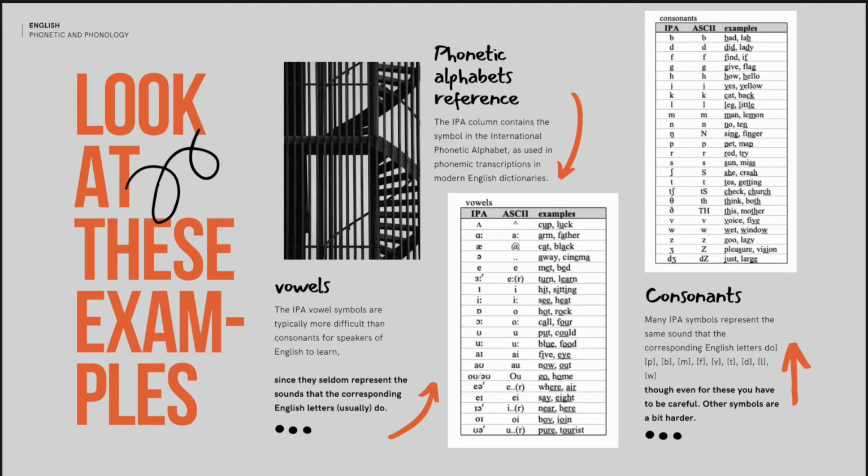Vowels. Cup, luck. Arm, father. Cat, black. Away, cinema. Mat, bed.